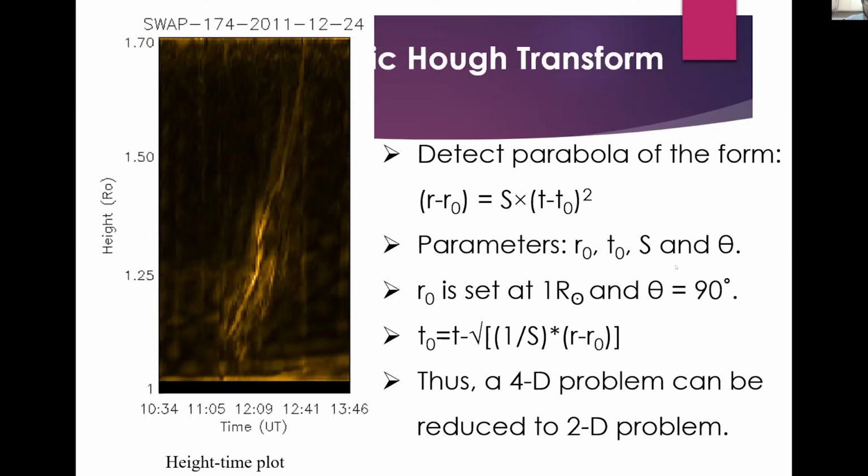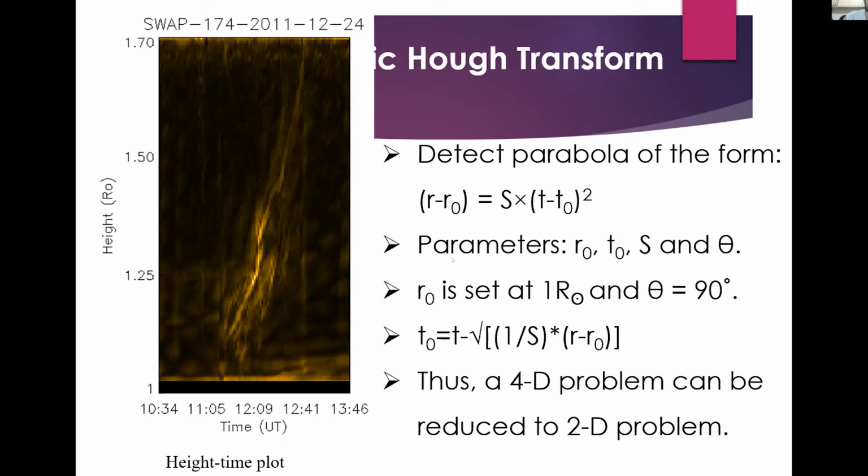Here we have some free parameters, which we need to actually find out through this computer vision algorithm of Hough transform, which are R0, T0, S, and theta. Based on the paper of Ballard 1980, which is for generalizing the Hough transform, we get this set of parameters for a parabola.